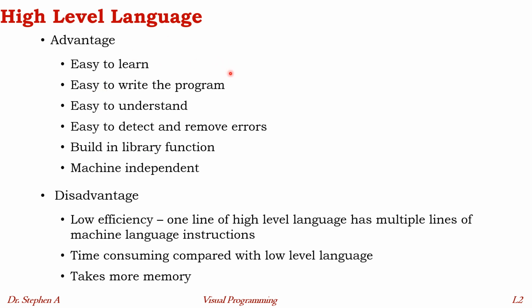What are the advantages of high-level language? It is very easy to learn and to write programs. Since it is readable by humans, users can easily understand it, and can detect and remove errors. There are many library functions that we can use in our program.